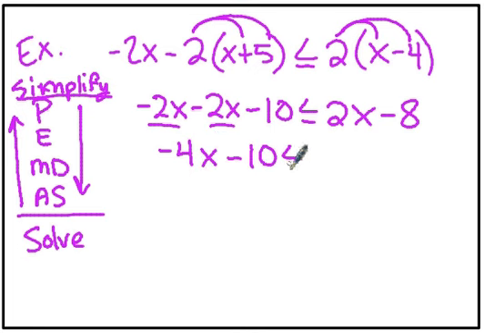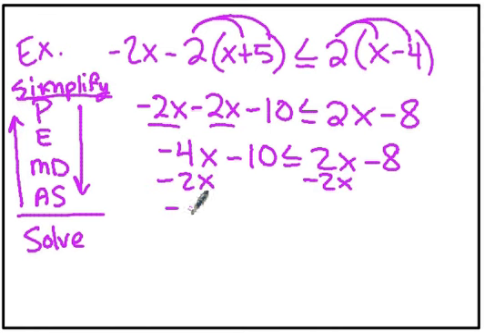Negative 2x and negative 2x is going to give me negative 4x minus 10 is less than or equal to 2x minus 8. Okay, we need to get our x's on the same side, so I'm going to subtract 2x. So I get negative 6x minus 10 is less than or equal to negative 8.